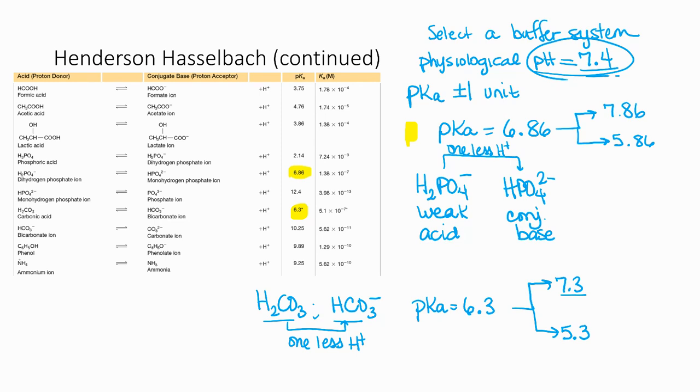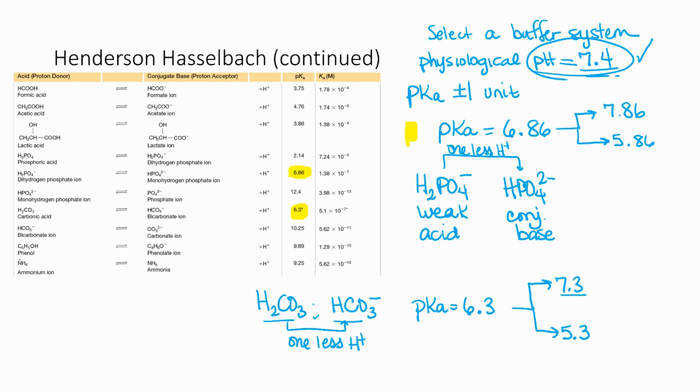But we're going to see that it's almost out of buffer range, but we'll still talk about why it still works. Okay, so out of all of the weak acid conjugate base systems listed here, these two would be the only ones that would be appropriate for 7.4 physiological pH, because it's close to the pKa values for that buffer system.